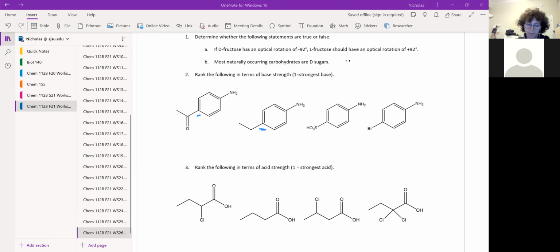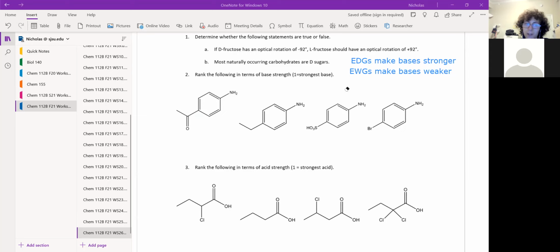So EDGs make bases stronger, and then EWGs do the opposite. They make bases weaker. So in general, you can think of it like that.